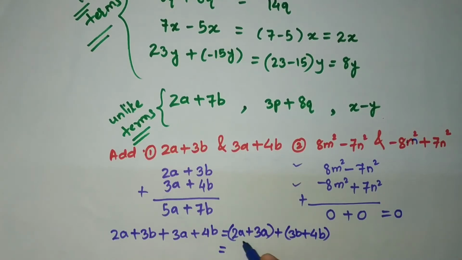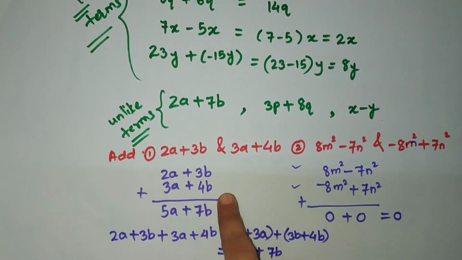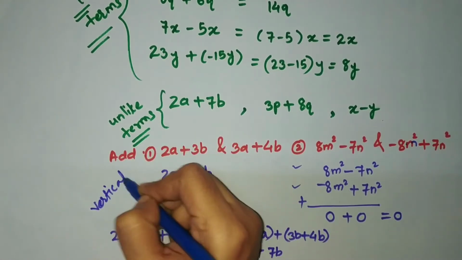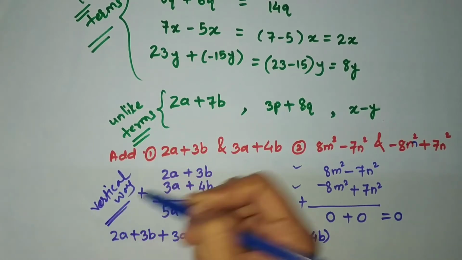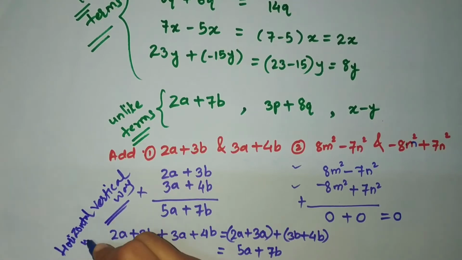Again you can write here 2a plus 3, that is 5a, and here 3b plus 4b, that is 7b. So here also you will get the same answer as you get here. This is a vertical and it is a horizontal way to add. Here you are adding in a vertical way, and this you are doing in a horizontal way. So whichever you find easy, you can add them.